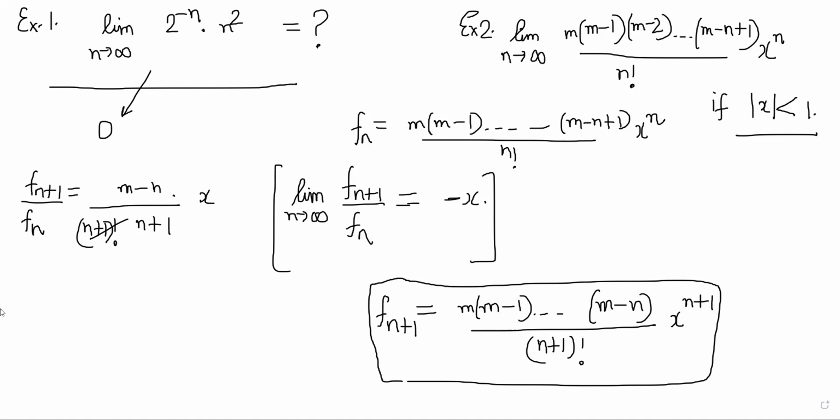Right? Then x will go outside because it is a constant. Why are you not getting x? Sir, I was getting x, but I took it outside, and what I was getting was m minus n plus 1 in the denominator. That is wrong.